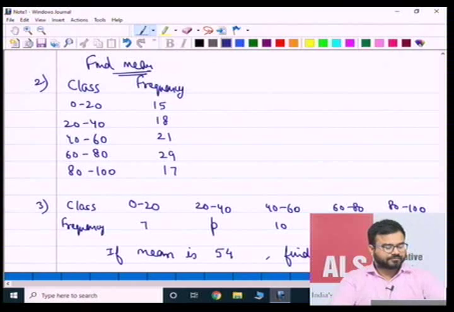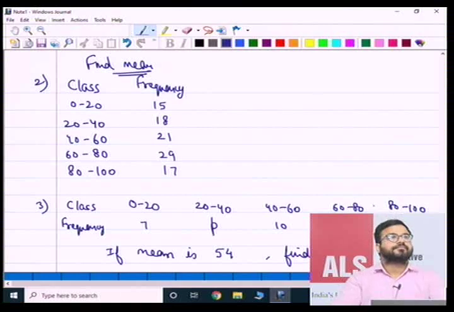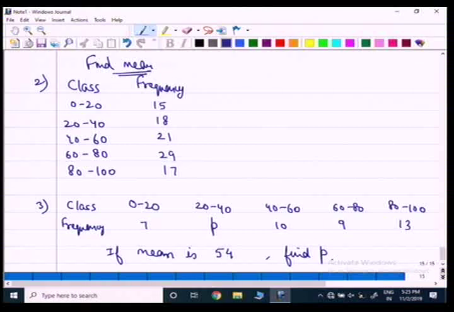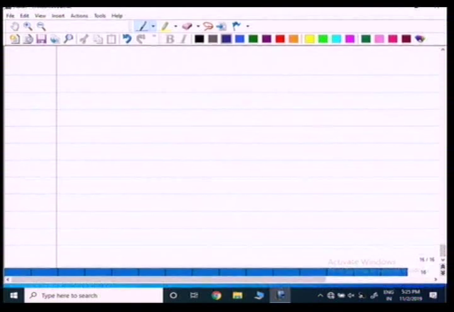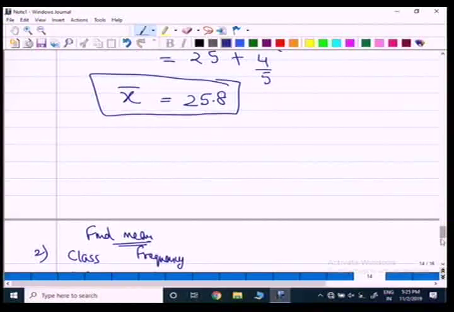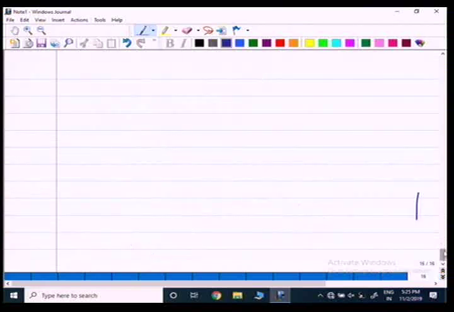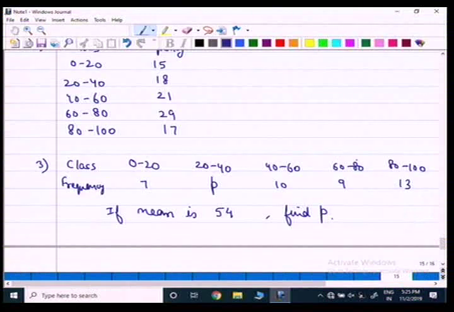So this one also? Yes, Shillong, that's correct. Now see, in this one, class interval is given. One of the frequencies is missing, but it says the mean is 54. So find the p.